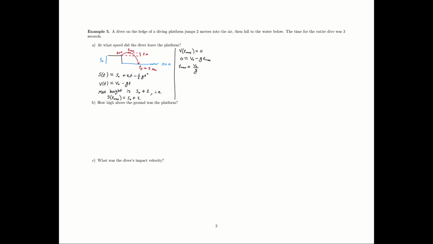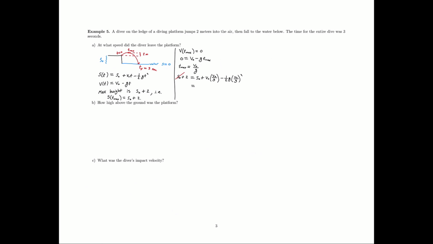How? Well, right here. Let's plug this expression v naught over g into s and set it equal to what we know it is, s naught plus 2. Since s naught plus 2 must be the maximum height, this must equal what we get when we plug in v naught over g into s of t. This would be s naught plus v naught times v naught over g minus 1/2 g times v naught over g, quantity squared.